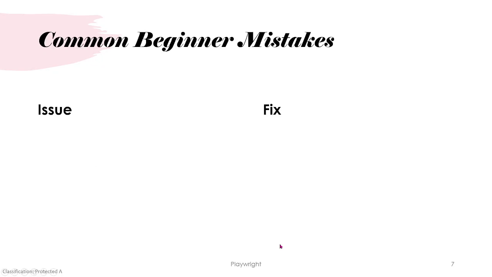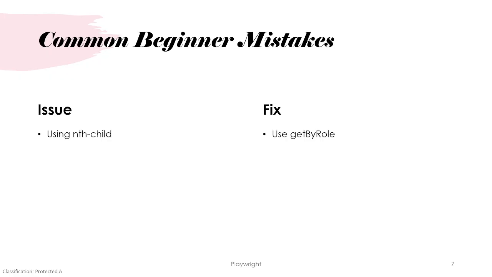Common beginner mistakes. Using many children. That means in the website, web page, you have many web elements with the same text, like Save. When Playwright uses this locator, it cannot find exactly the web element you want to act on.